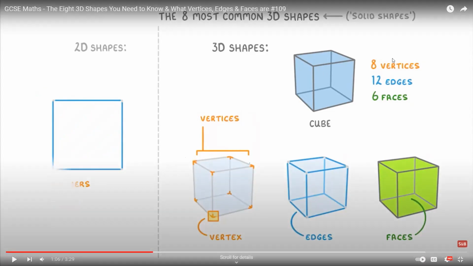So for a cube, we've got 8 vertices, or 8 3-dimensional corners, and 12 edges. The edges on the top are 4, these side edges are another 4, and the bottom edges are another 4 to give us 12 total. And then we have 6 faces: a top and a bottom and 4 sides.